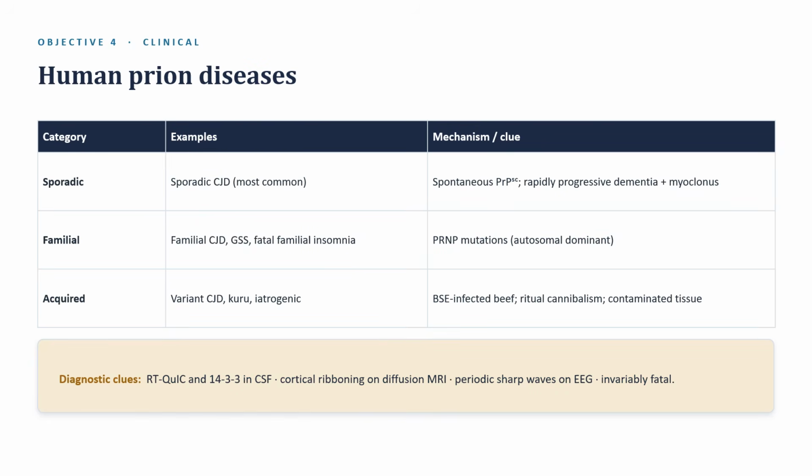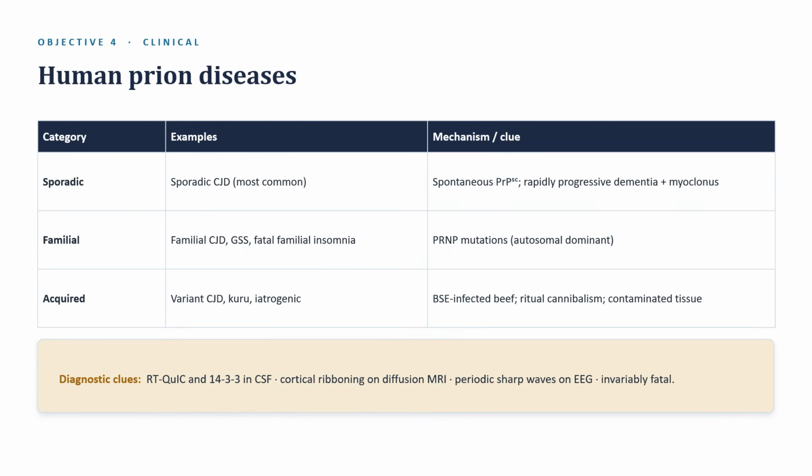Familial forms, familial CJD, Gerstmann-Straussler-Scheinker, and fatal familial insomnia come from inherited mutations in the PRNP gene. And acquired forms come from outside the body. Variant CJD from BSE infected beef, kuru from ritual cannibalism, and iatrogenic cases from contaminated tissue.